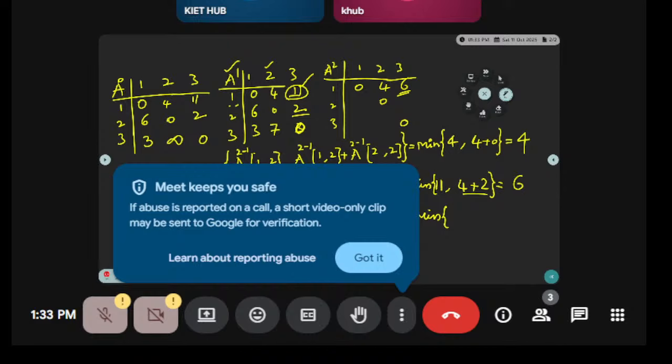Tell me what is the minimum of, what to write in the bracket? Minimum of 6 comma, this a power 1 of 2 comma 1, 2 comma 1 is 6, comma a power 2 comma 2 is 0 plus a power 1 of 2 comma 1, 2 comma 1 is 6, which is 6 only.